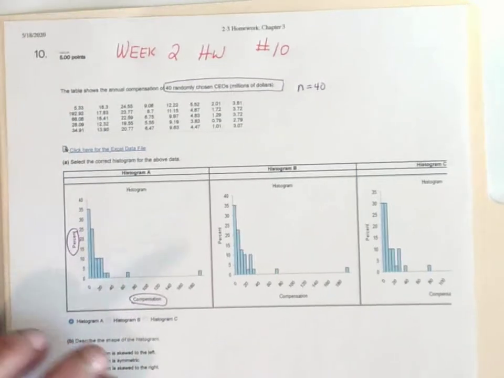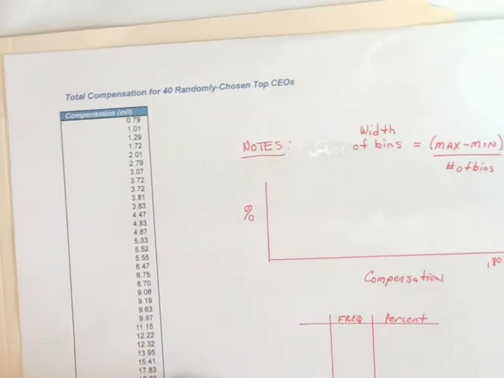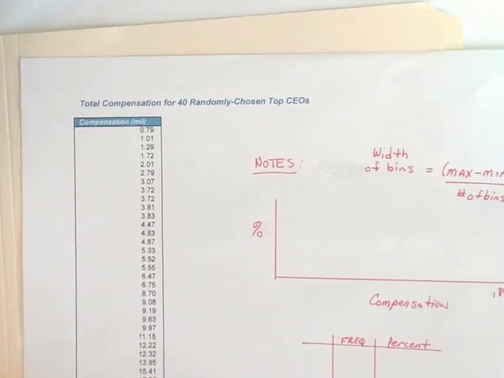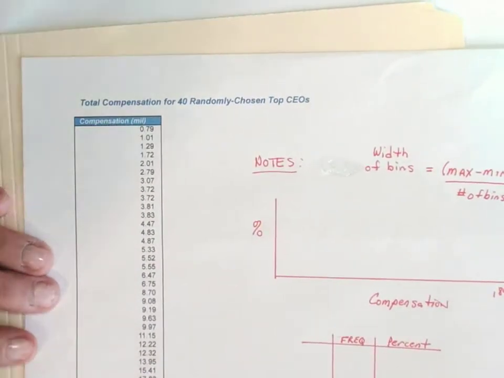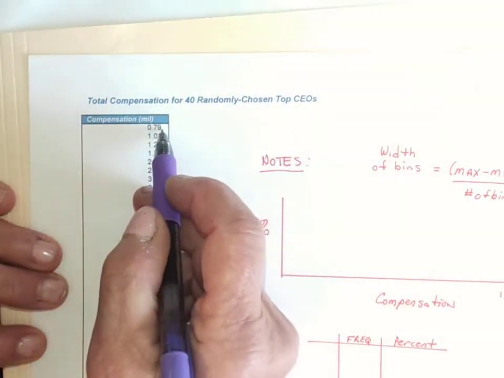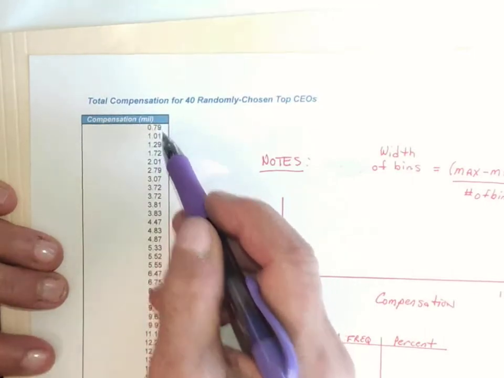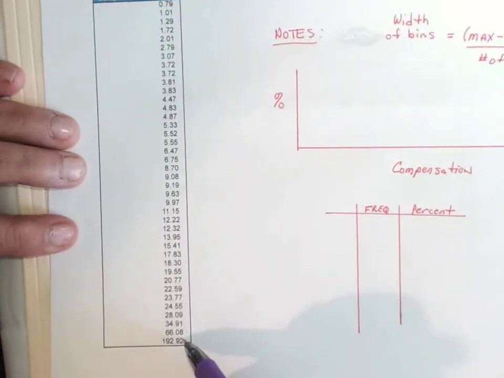So what I would do is, if my Excel doesn't have a way to do histograms, I would sort my data from the lowest compensation to the highest compensation.